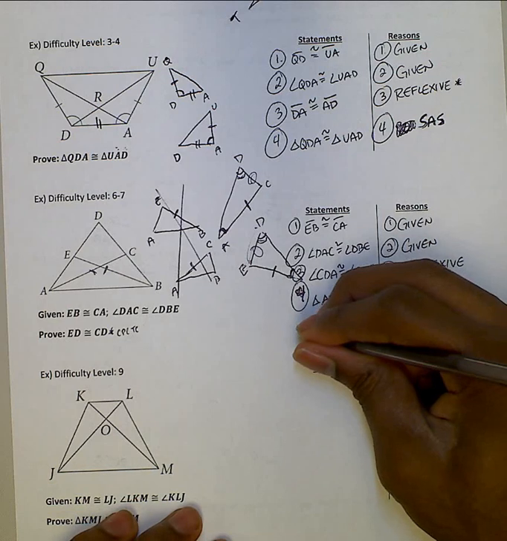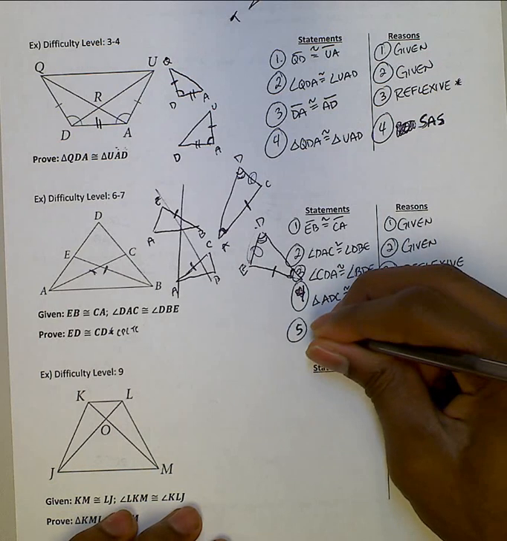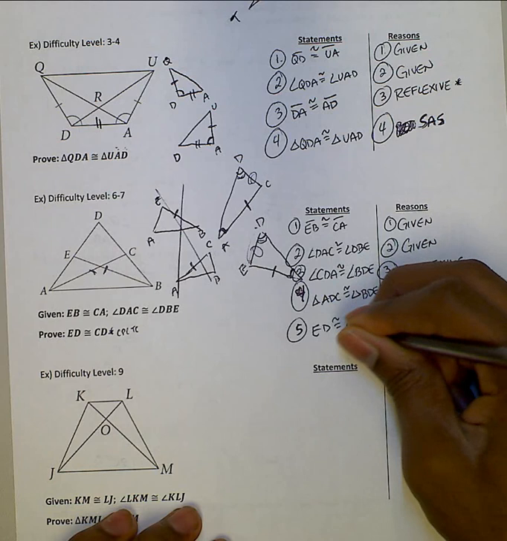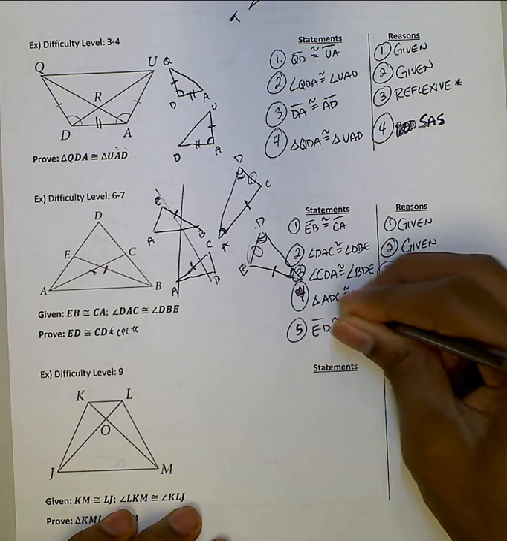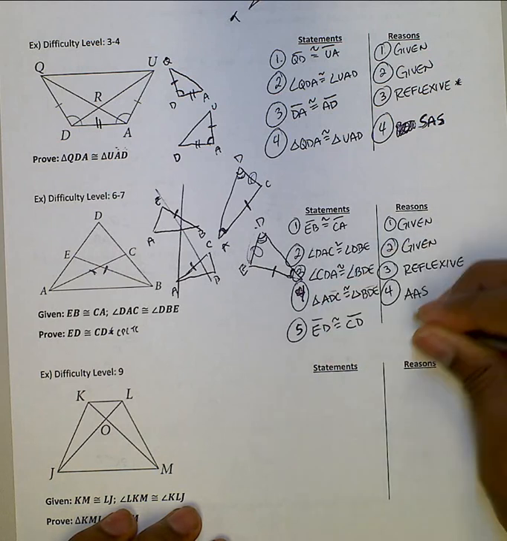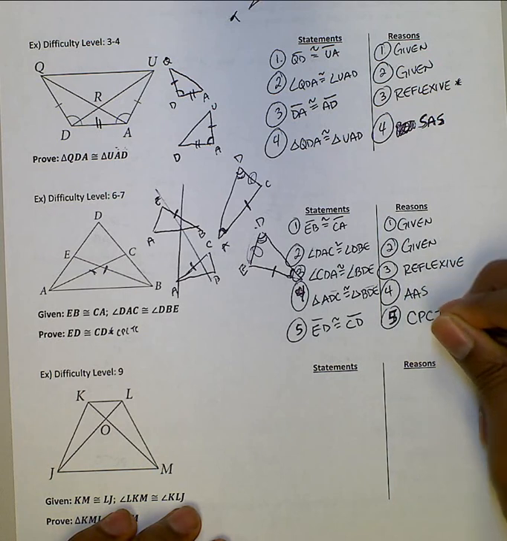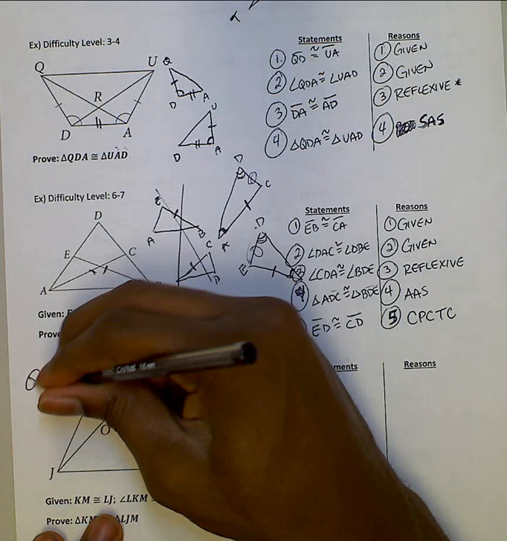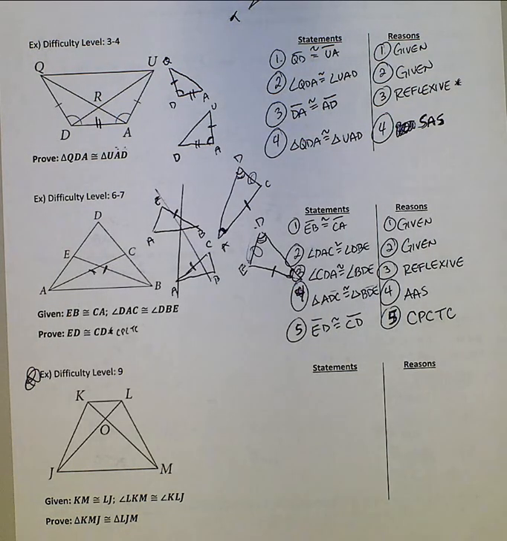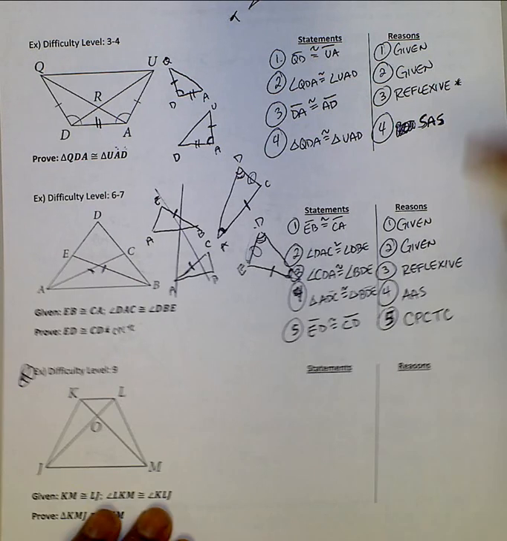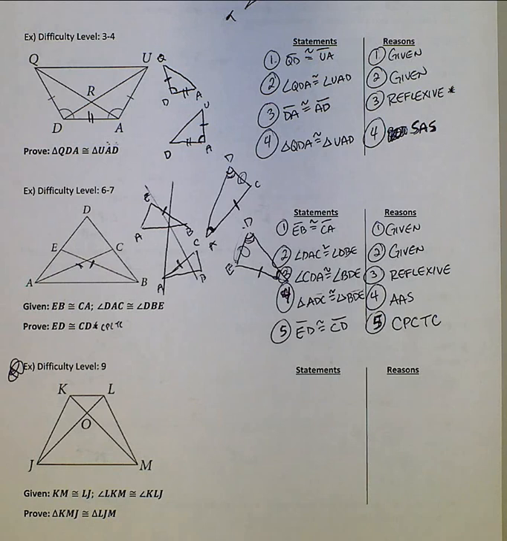So we can say that ED is congruent to CD by CPCTC, corresponding parts of congruent triangles are congruent. If you want to try number 9, there's some difficulty there, try it out. I will upload a key, but you should hopefully see some strategies to solving proofs with overlapping triangles. See ya.